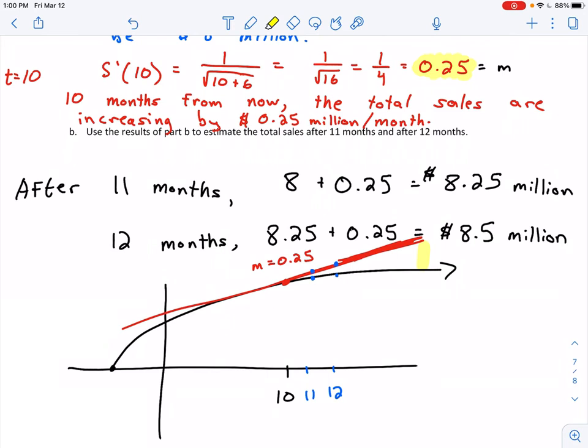It can be incredibly useful as long as you're staying close to the t value or the x value that you evaluated your derivative at. But as you move further away, that approximation will deteriorate over time, and it will become worse and worse at predicting the actual value of the function as we move away from t equals 10 in this problem.